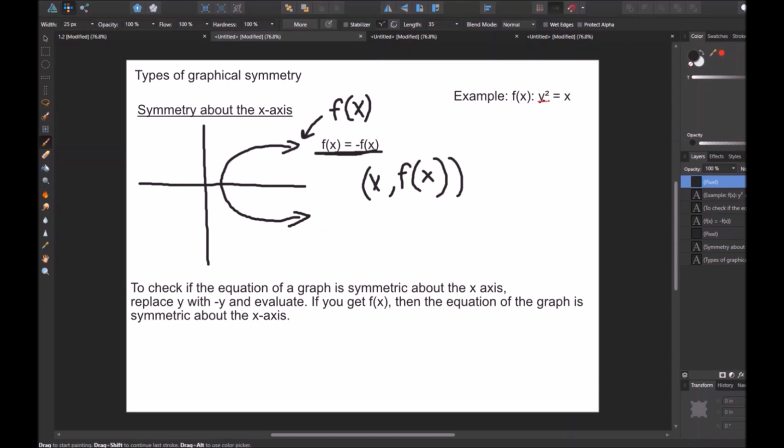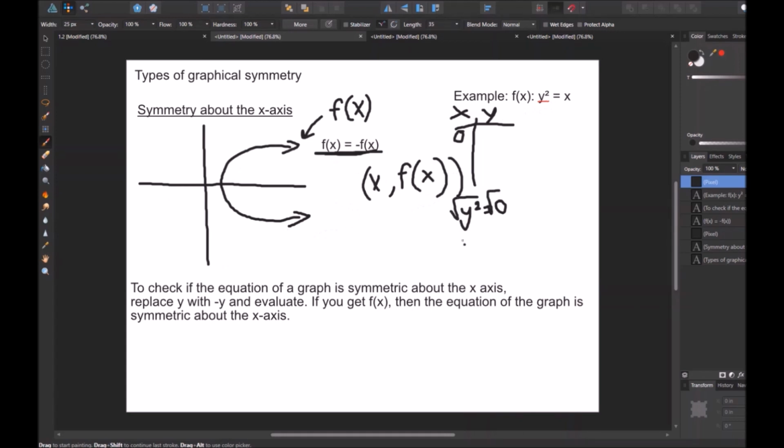In this equation, I don't know if you're allowed to write f of x squared, so I just played it safe and wrote that the function f of x is y squared equals x. Now if we were to make a table of values, with x and y, and we plug in, for example, 0 for x, then we have y squared equals 0, and we take the square root.